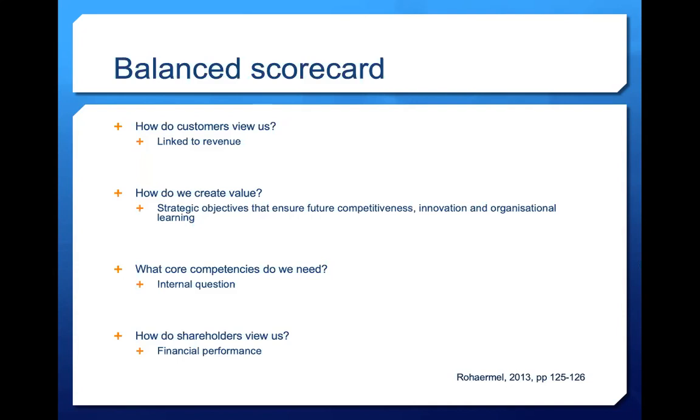The third aspect is about the core competencies that we need. What core competencies do we need to develop to deliver that? This is the internal question of what we must build. And the last one is how shareholders view us, which is about the financial performance.